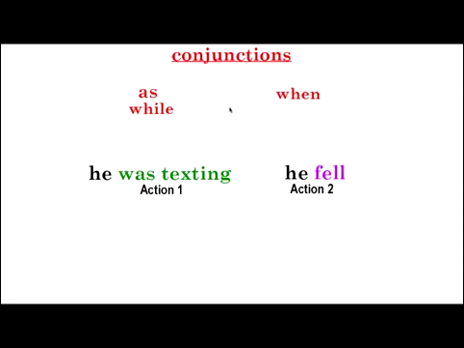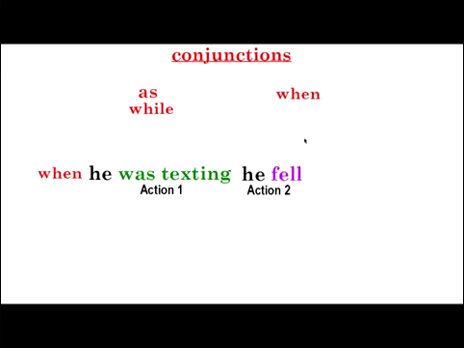Conjunctions are words that connect two different clauses or two different sentences. So here I have my first action, right? He was texting, and my second action is he fell. But I need to connect these with a conjunction somehow. So I can use when, and I can say when he was texting, he fell.